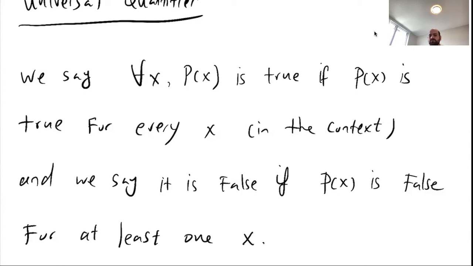But it will be true if for every student in the class the GPA is more than 3.6.